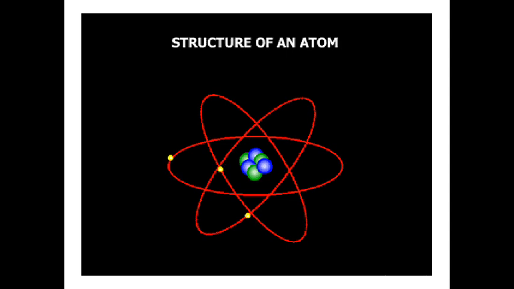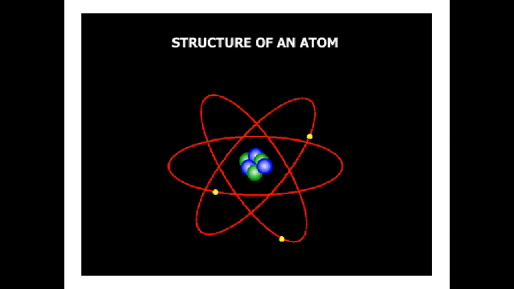So this is the structure of an atom. I already told you an atom consists of proton, electron and neutron, and these are called subatomic particles.